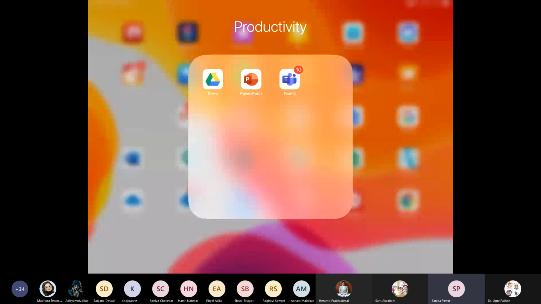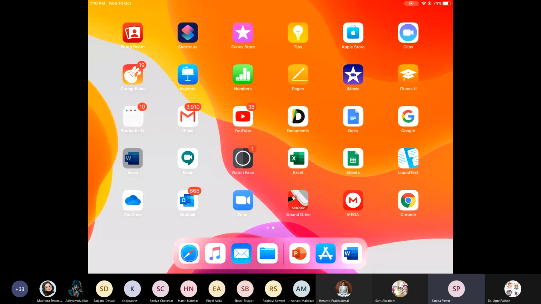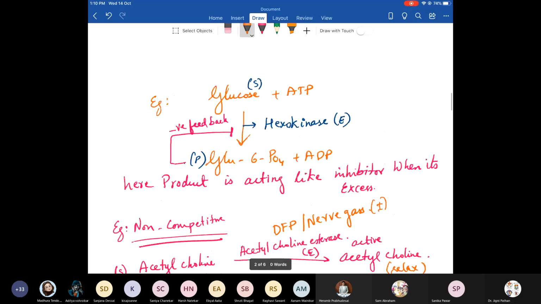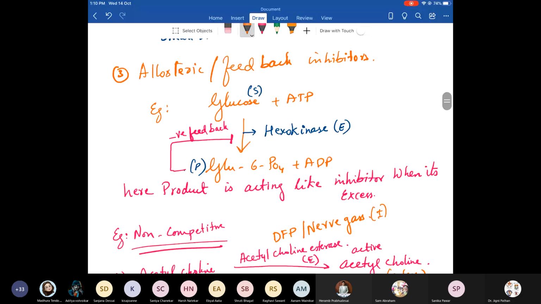Ma'am, could you please explain feedback inhibitor part again? Yeah. See, whenever in a body the substrate is converting into product by the help of enzyme, whenever there's excess of product which keeps on increasing, this product itself goes and stops the enzyme. That is called feedback inhibitor.